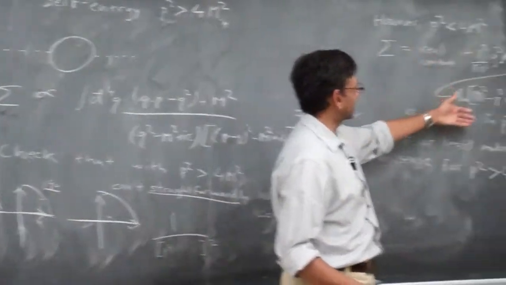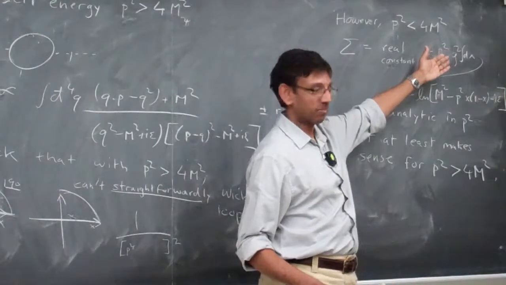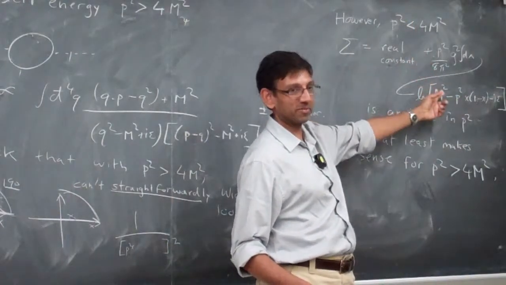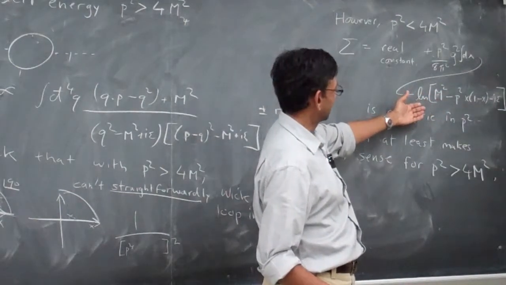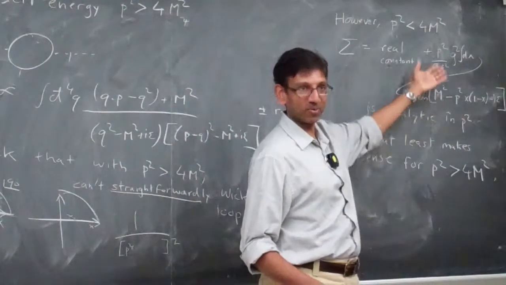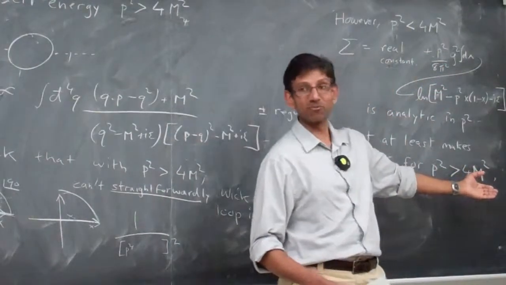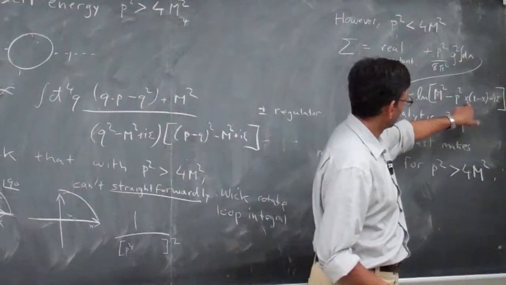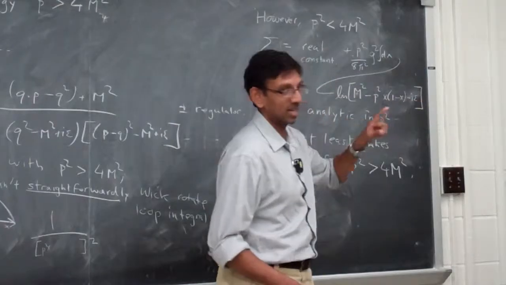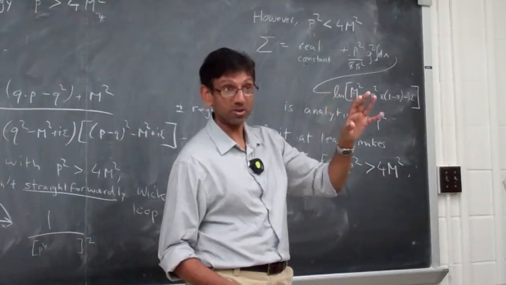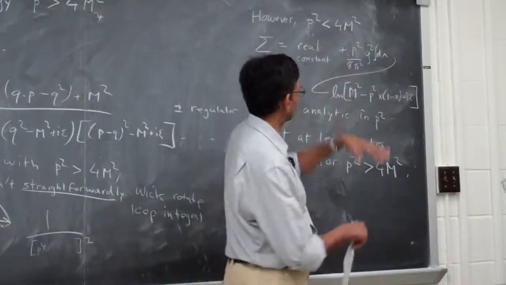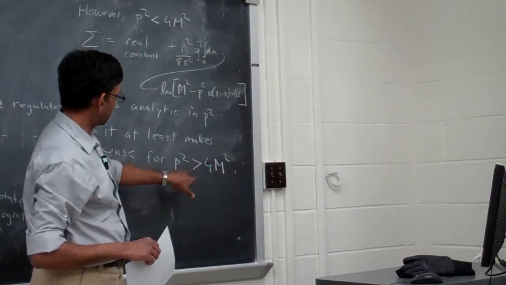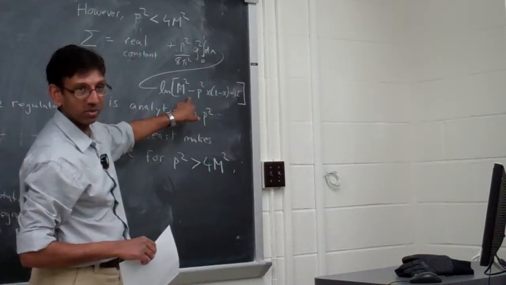So we derive this in this regime, but here's a formula. The formula does not tell you which regime it was derived for, and it continues to make perfectly well sense if you plug in p squared bigger than 4m squared. Nothing would go wrong. The one thing that would go wrong is that since x times 1 minus x is smaller than a quarter, for x between 0 and 1, for p squared bigger than this it can now be log of a negative number.